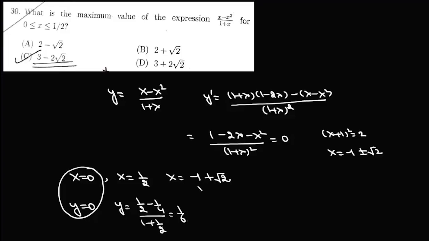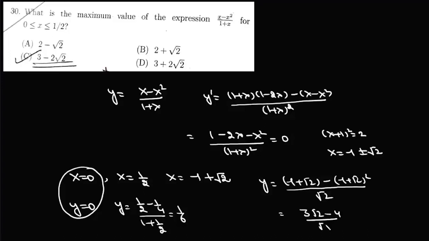And if we put x as minus 1 plus root 2, we get y as (minus 1 plus root 2 minus (minus 1 plus root 2) whole square) upon (1 plus x, which is root 2). Now this is minus 1 and this is 3, so it will be (3 root 2 minus 4) upon root 2, or it will be 3 minus 2 root 2, which is the highest value among the three. So the maximum value of this expression is 3 minus 2 root 2, and that's your option C.